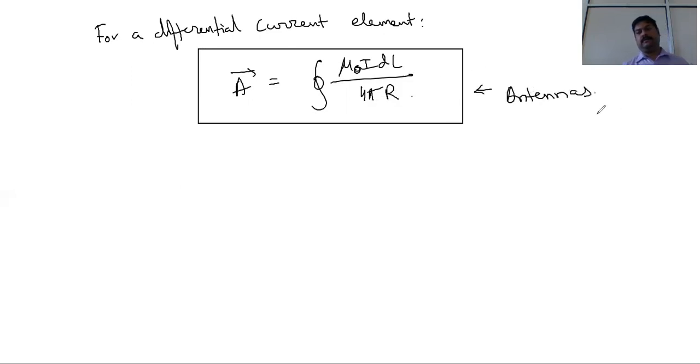All antennas which we design later will include this component, vector magnetic potential A, and not scalar magnetic potential Vm.